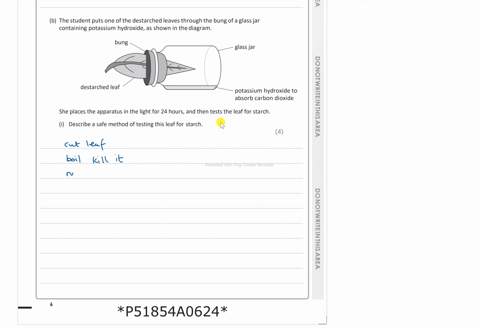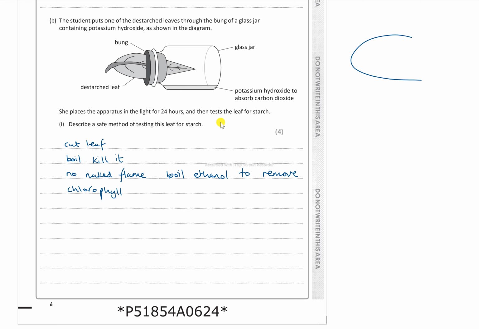Make sure there's no naked flame, because you're then going to boil it in ethanol to remove the chlorophyll, the green pigment.